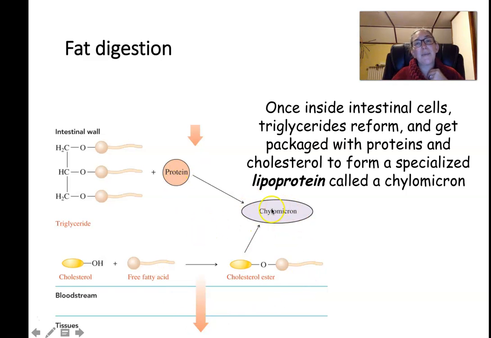We call these special lipoproteins that are formed in the intestines chylomicrons. So chylomicrons are formed from phospholipids and protein, and they carry our cholesterol and our fatty acids and our triglycerides through the blood in this package that is soluble in the blood.